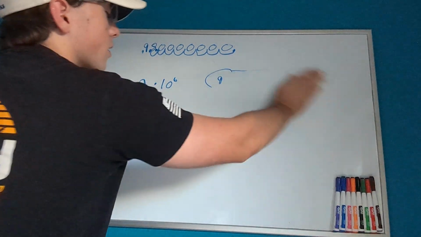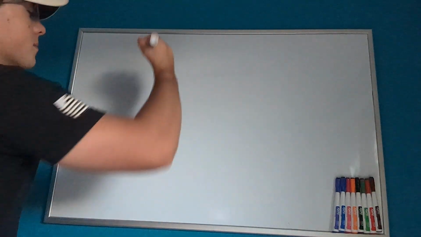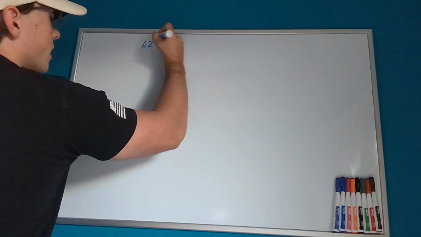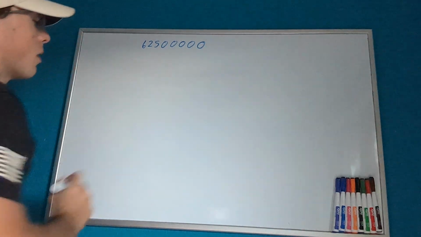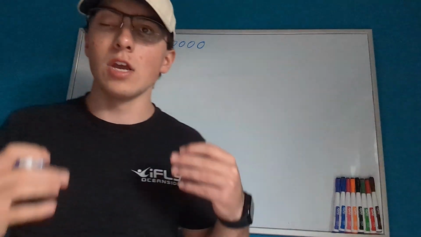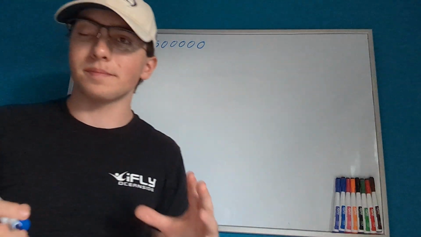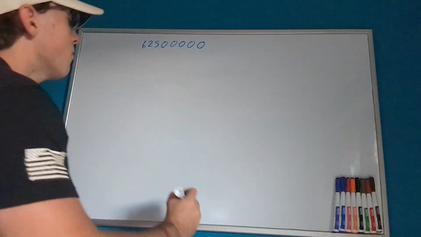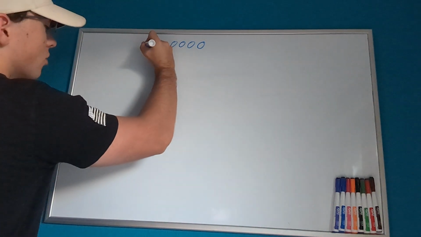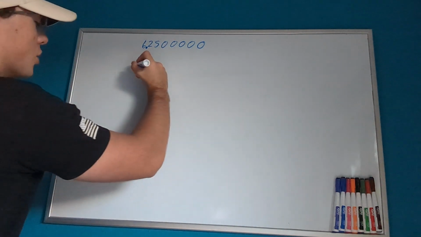Okay, let's do another example. Let's say we have 625 followed by 5 zeros, and we want to put this in scientific notation again. So I encourage you to figure out where we might put the decimal here. Just think about that for a moment. Okay, now hopefully you determined that the decimal should go right here, and that will give us 6.25.